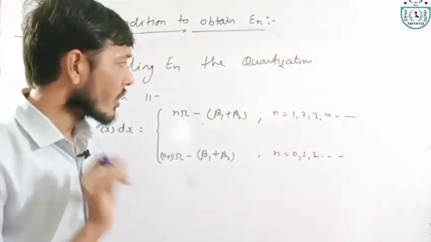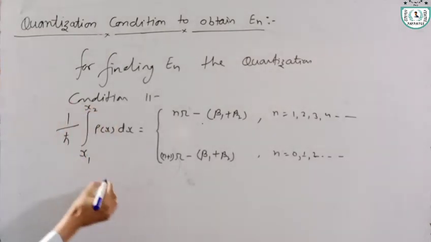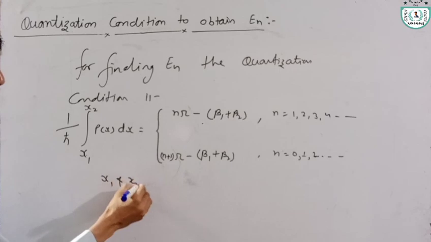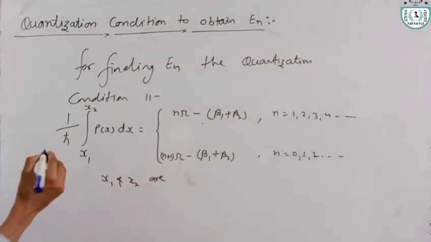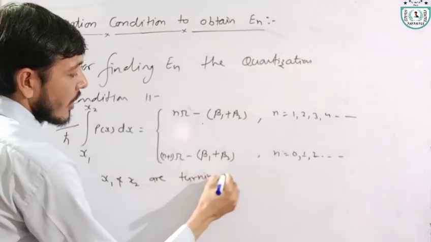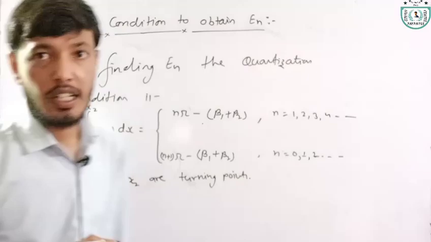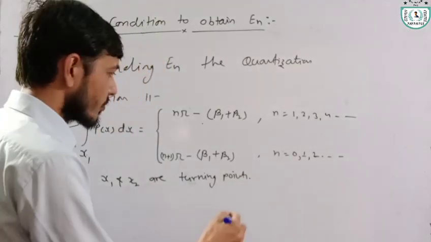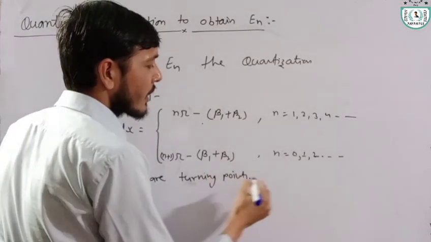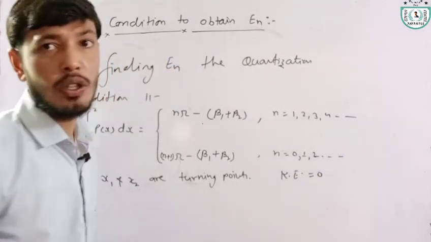Now discuss what x1 and x2 are. x1 and x2 are turning points. What are turning points? The turning points are the points where kinetic energy is equal to 0.